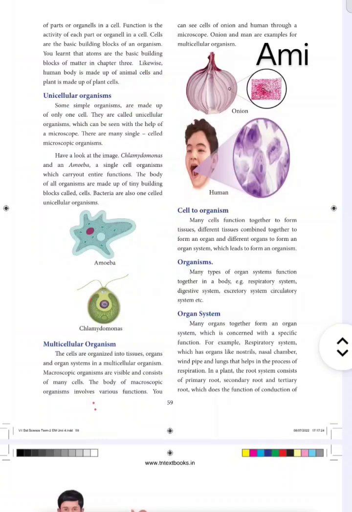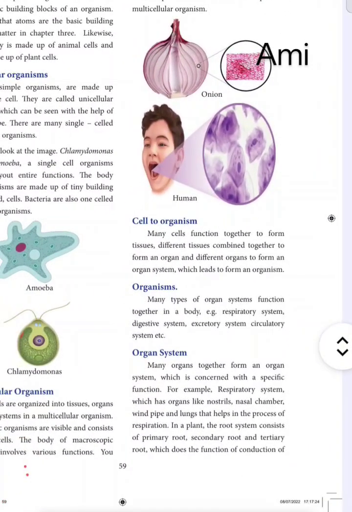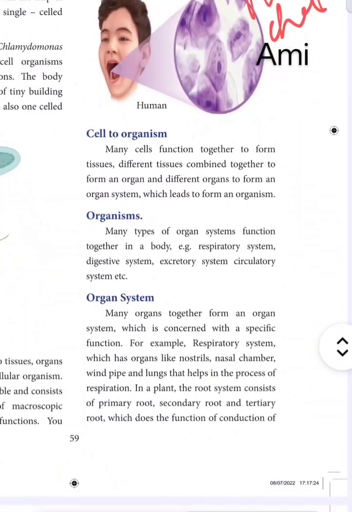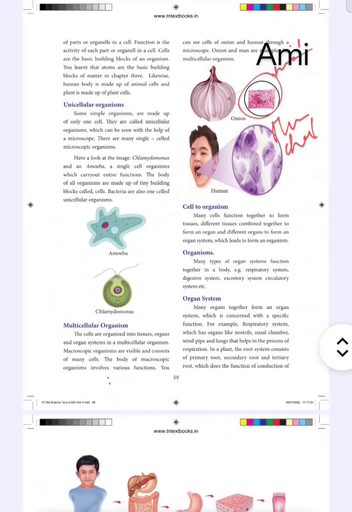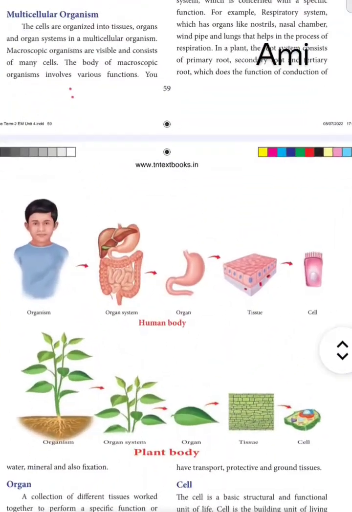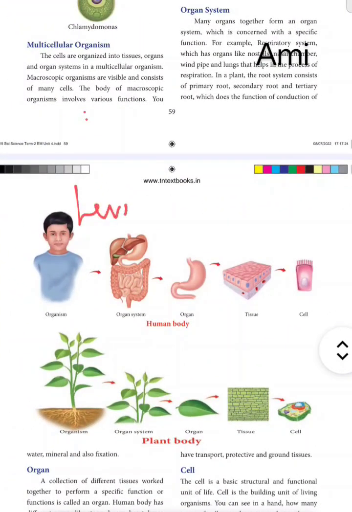Now if we observe here, there are two structures given, that is the cell of the onion, and the human cheek cell. So, cell to organism. Now, we are going to see a very important topic, that is level of organization.